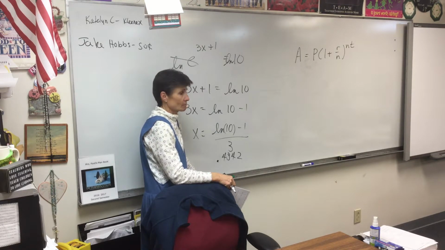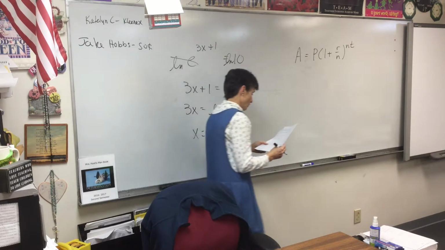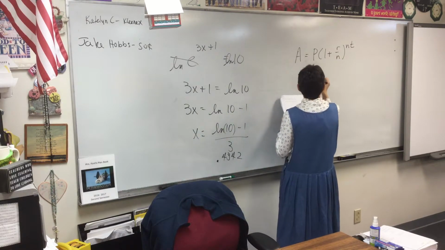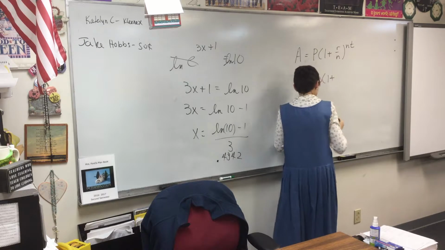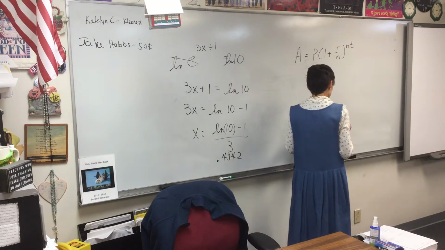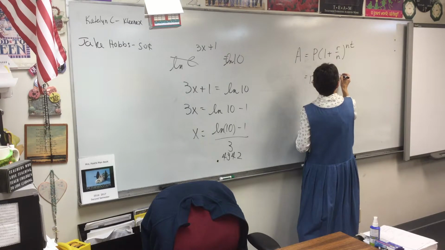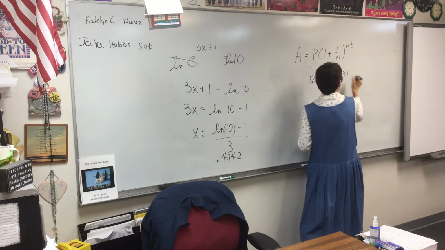All right, here we go. What do I do with the 1200? That's the P. What do I do with the 3.1%? That's r, but it's 0.031.